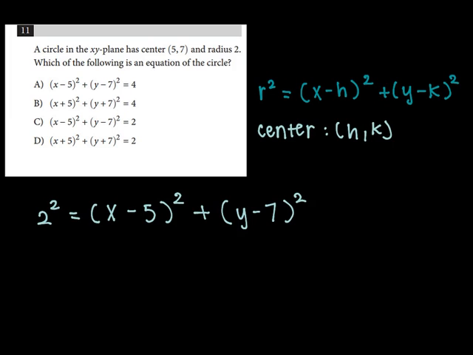To further simplify, 2 squared is 4, so 4 equals (x − 5)² + (y − 7)². Looking at our answer options, A is the same answer we got. So our answer is (x − 5)² + (y − 7)² = 4.